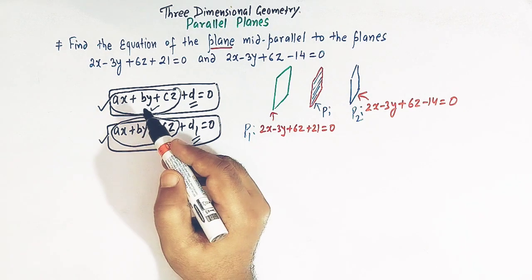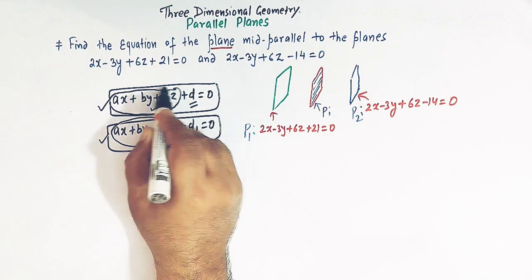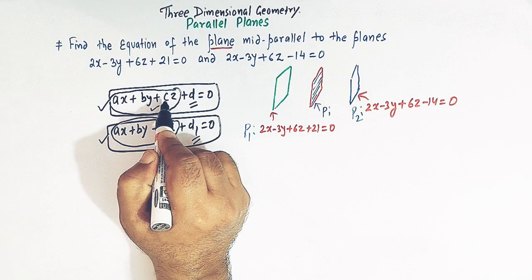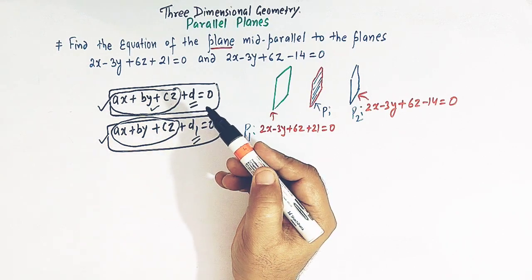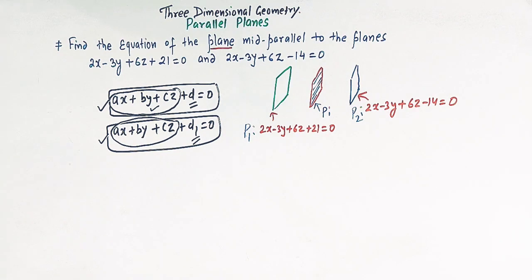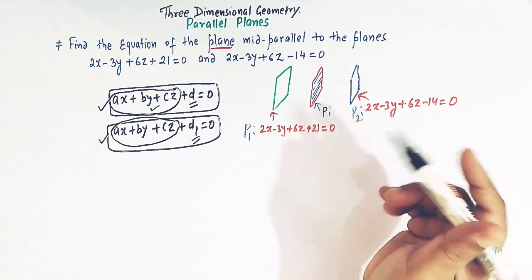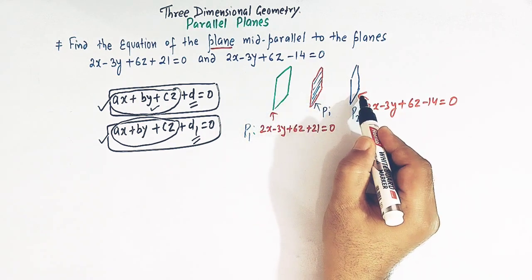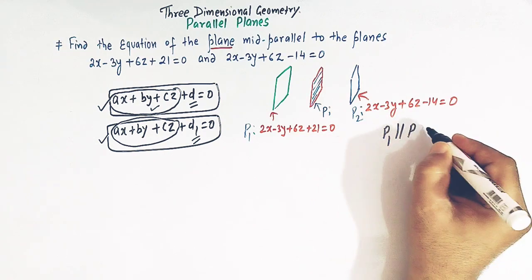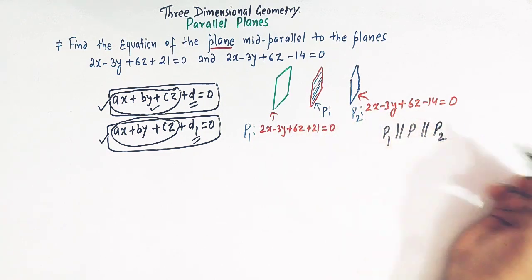But if we have to write the equation of any plane parallel to some given plane, then this part, that is ax plus by plus cz part, remains the same, and the parallel plane differs only in the constant, right? So now in the given problem, we can see that we have three planes which are parallel to each other, right? P1 is parallel to P, and this P is also parallel to this plane P2, right?